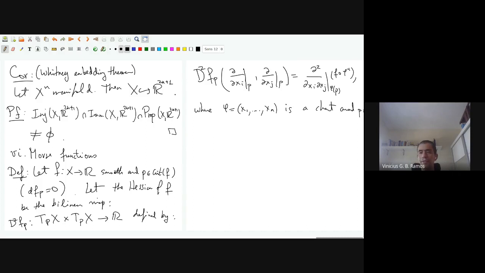And the problem with the matrix is that this matrix will not give rise in general to a well-defined linear map from T_pX to T_pX. This matrix depends on the coordinate charts, and it won't change very nicely. But you can check that if you are at a critical point, then the bilinear map like this is well-defined. It doesn't depend on the charts. Okay, so this is an exercise.